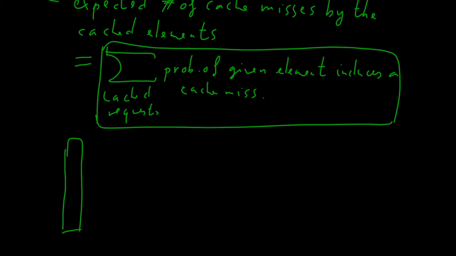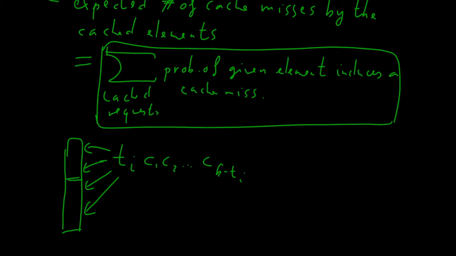Then a number Ti of new elements arrive and they start to bombard the cache. And then there will be some cached elements, C1, C2, and so on. In total it will be Ck minus Ti of these.